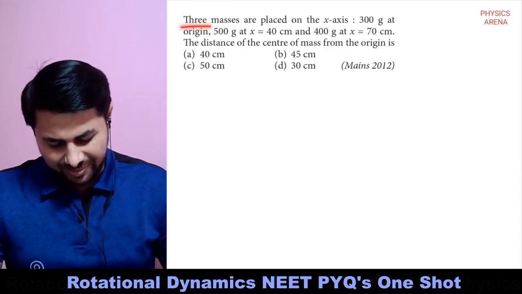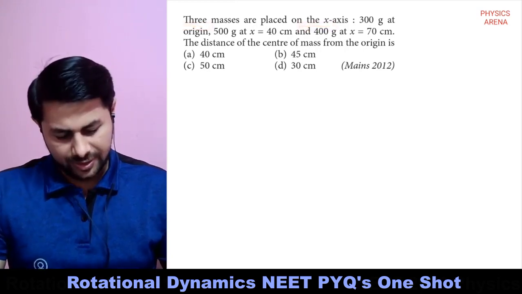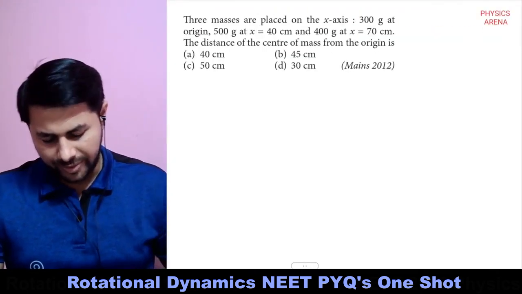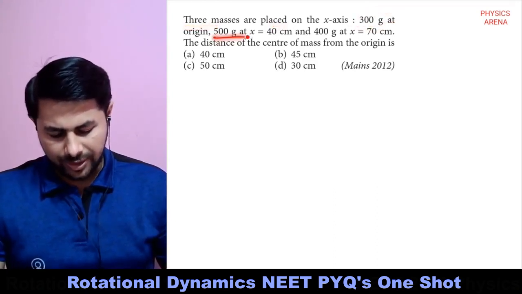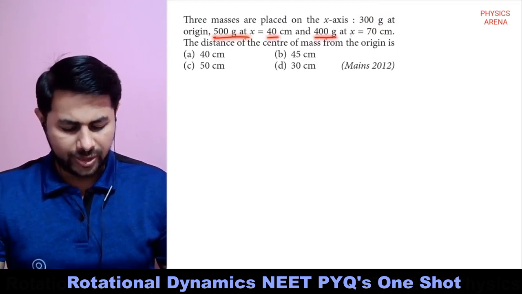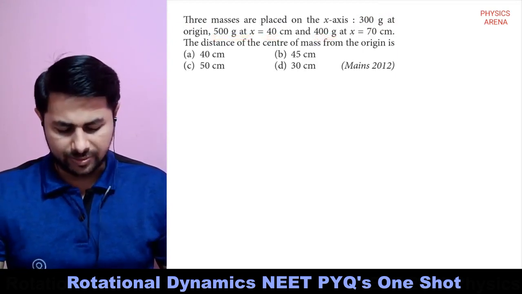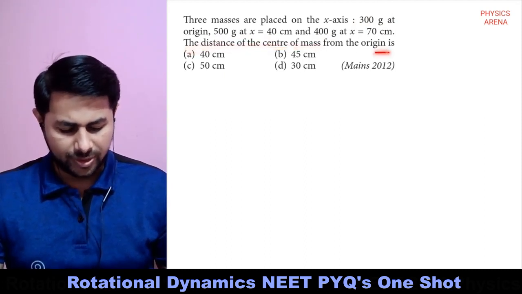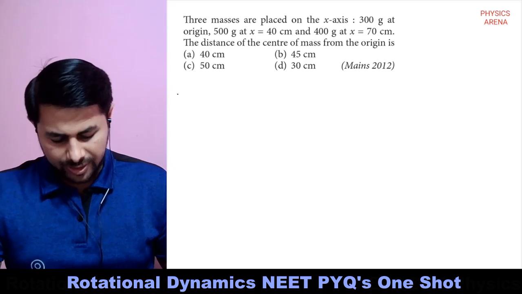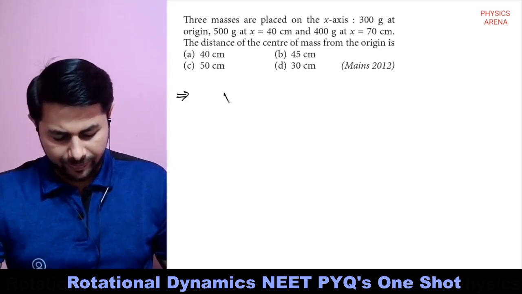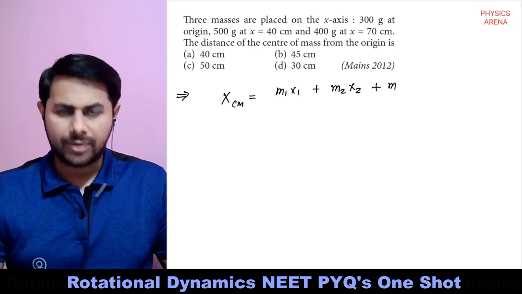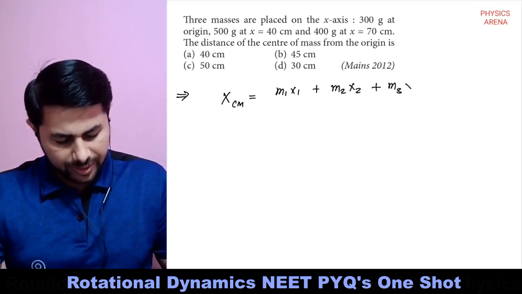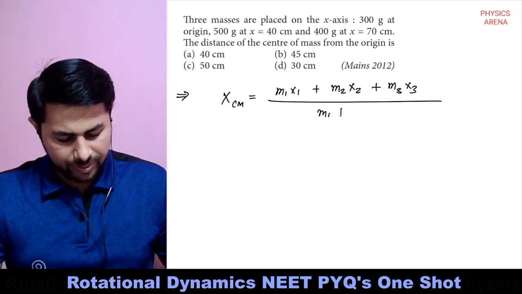Let's see the next one. Three masses are placed on the x-axis: 300 gram at origin, 500 gram at 40 centimeters, and 400 gram at x equal to 70 centimeters. The distance of the center of mass from the origin is, again, a similar and straightforward question. So XCM is M1x1 plus M2x2 plus M3x3, for however many particles there are, divided by M1 plus M2 plus M3.